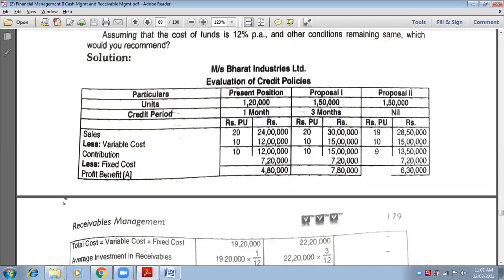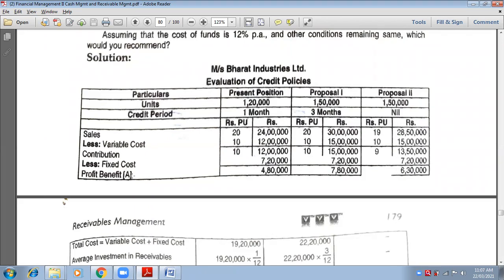Maybe there is a balancing figure, maybe not. If there is none, we put nil; if there is, we put it as fixed cost.